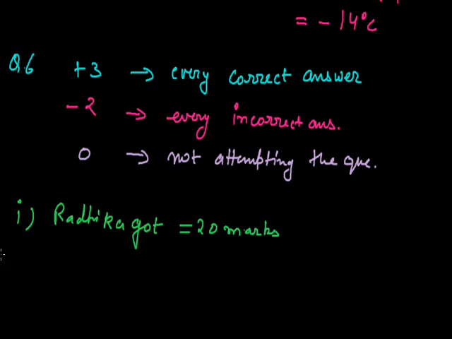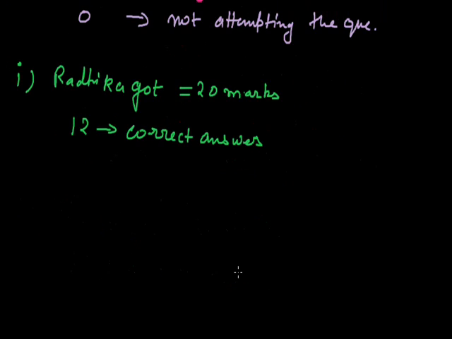20 marks and she got 12 correct answers. Now we have to find how many questions did she attempt incorrectly. That is, we have to find the number of incorrect answers.